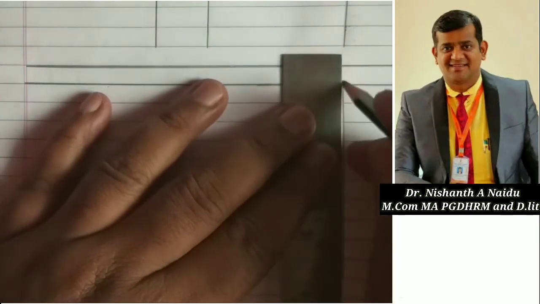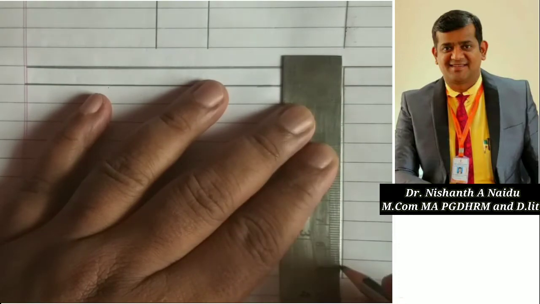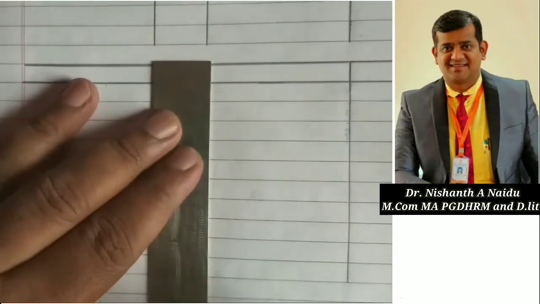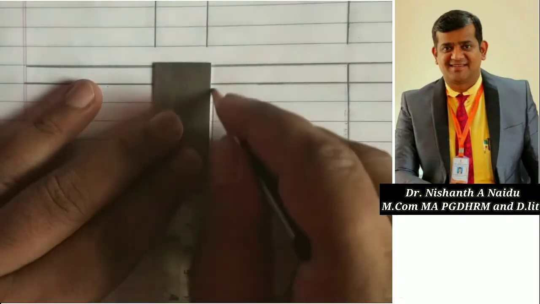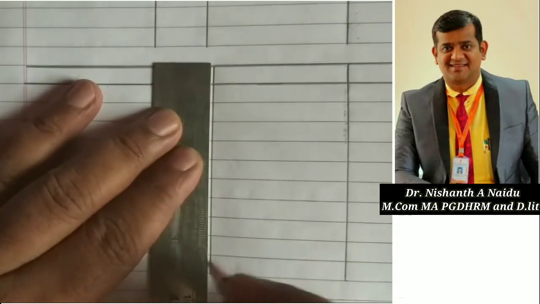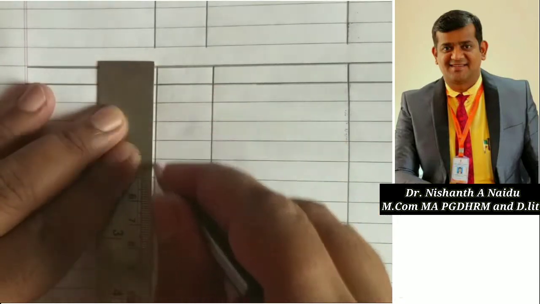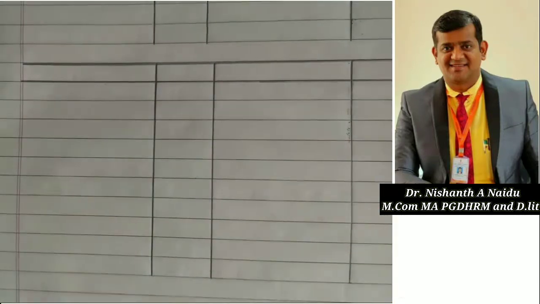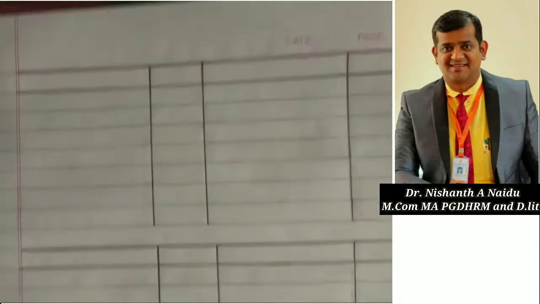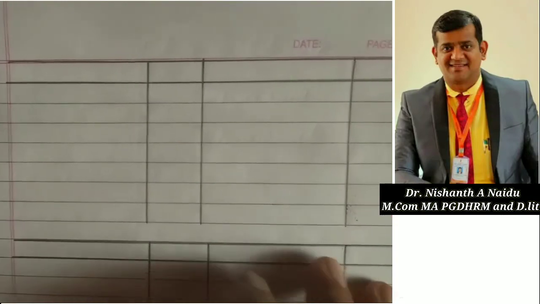And maybe next week, I'm going to have one more test for 40 marks, where you have to solve two problems for 30 marks. So be prepared for that. Don't forget to complete your notes and your assignment, whatever I give. Okay, so now I'm ready with the table for the bank account.